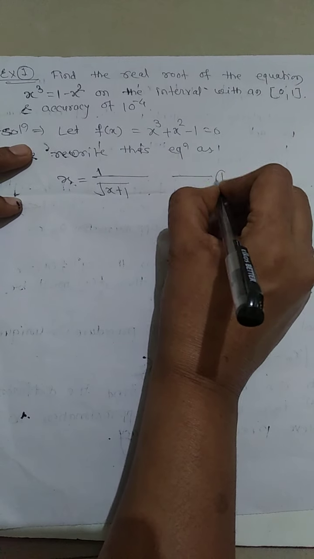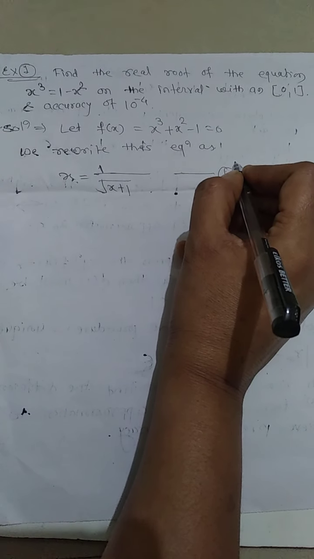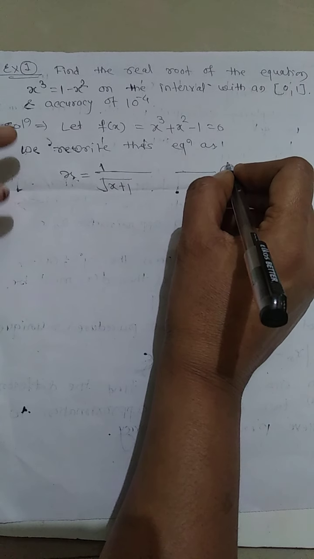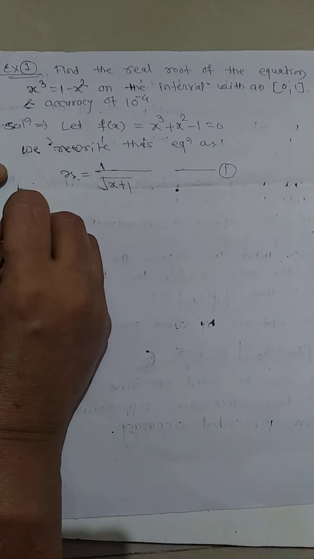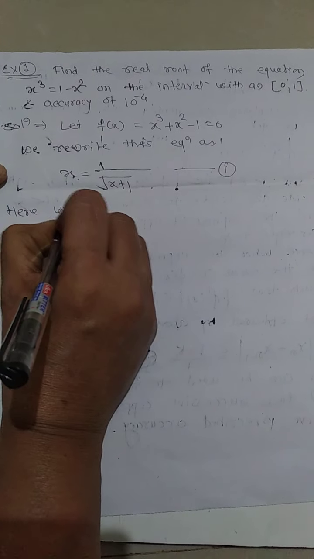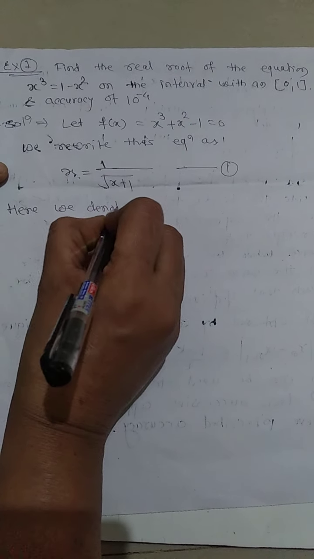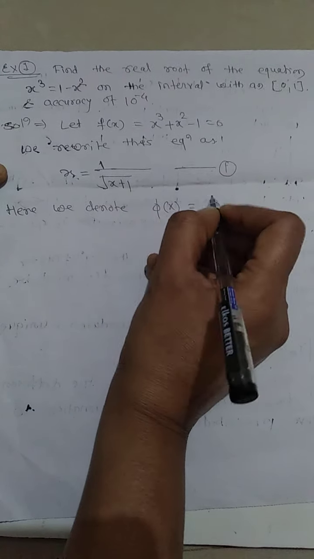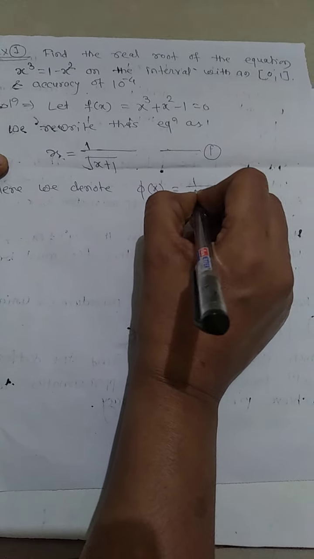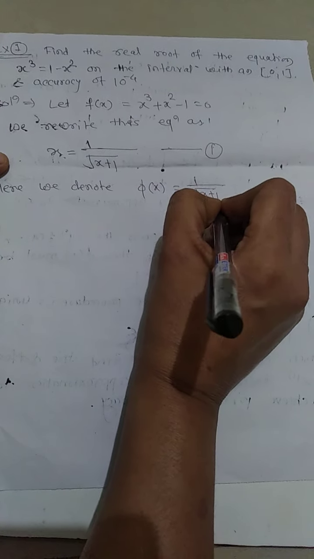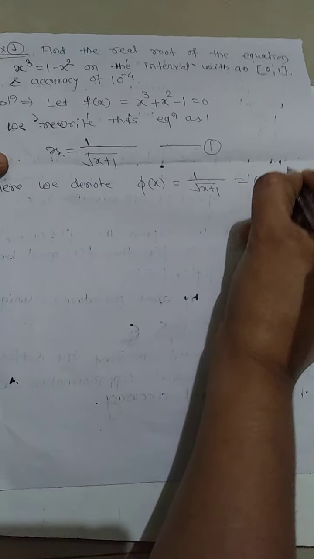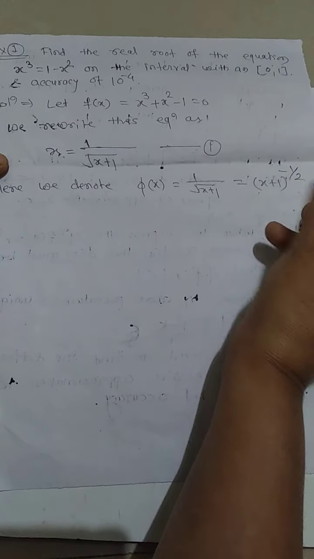That is equation 1. Here we denote phi of x is equal to 1 upon under root of x plus 1, that is equal to (x plus 1) raised to the power minus 1 by 2.